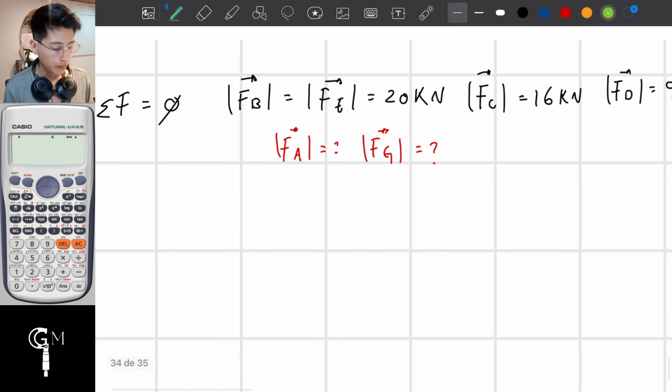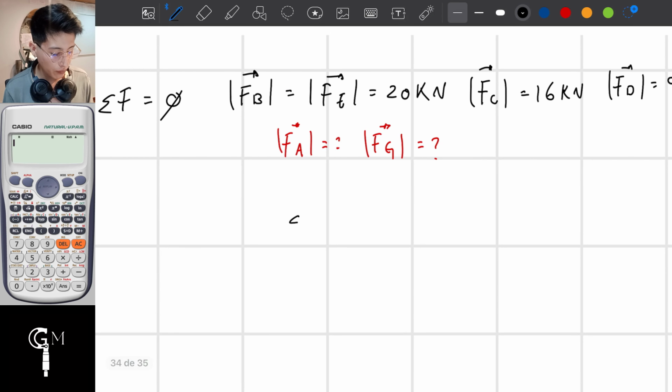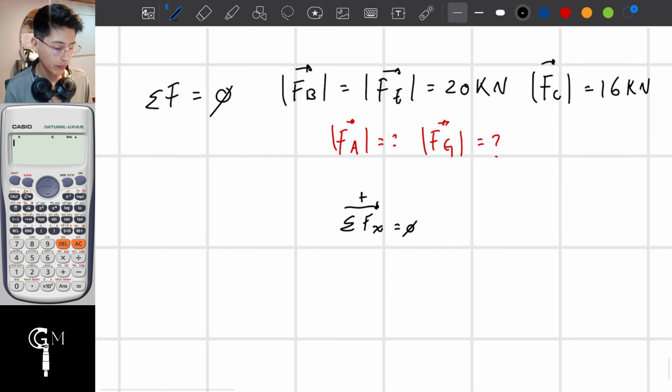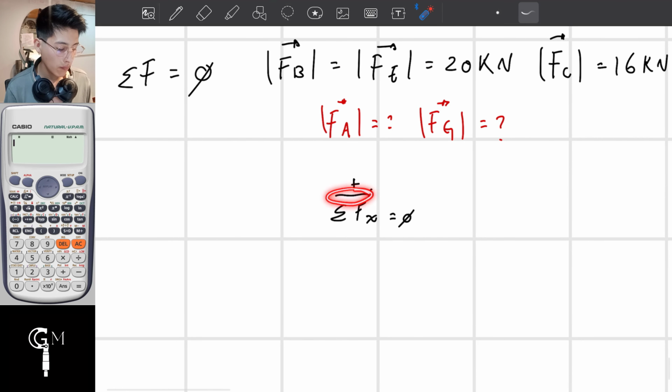Now, the summatory of forces along the x-axis is equal to 0. Why is it equal to 0? Because of this statement. I'm going to place this information, which I call first and last name. Why do I put that information here? Because when someone else reads my math, he or she is going to be able to determine my point of reference.